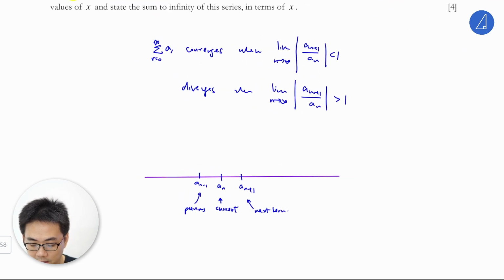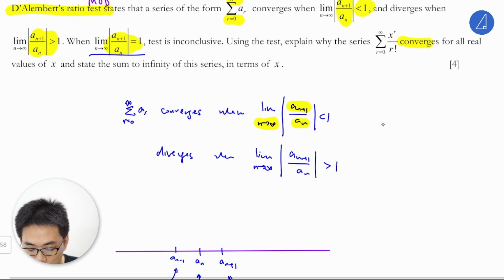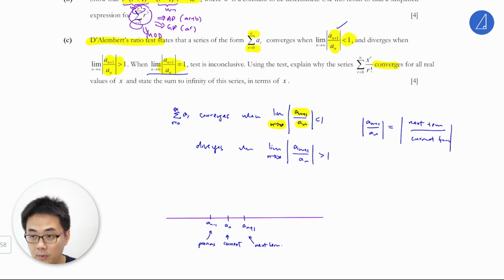Now take note of this. If n goes to infinity, you are taking the ratio of the next term. To test this, this a_(n+1) over a_n is actually the modulus of the next term over the current term, less than 1. Okay?